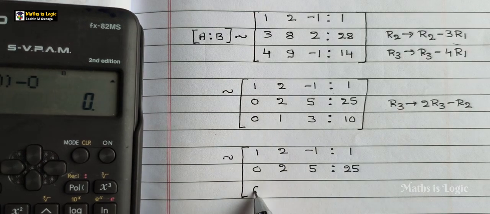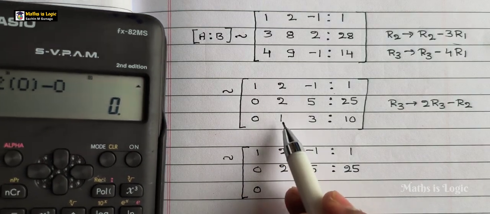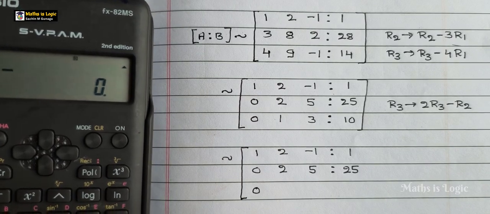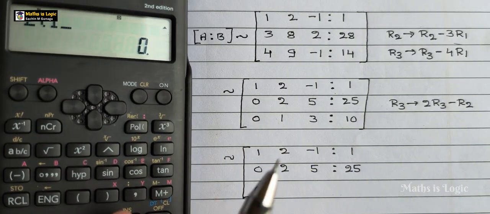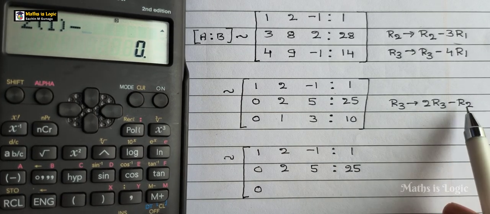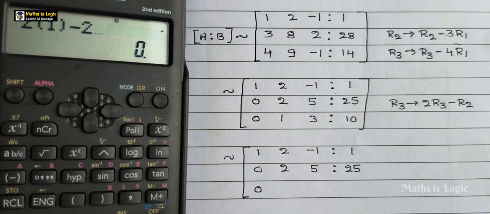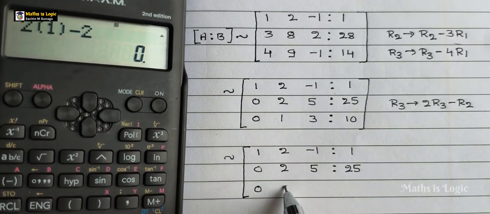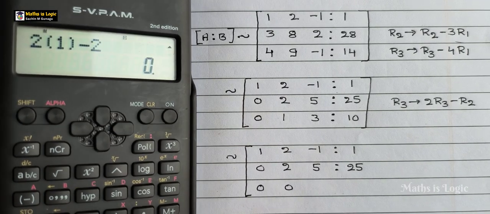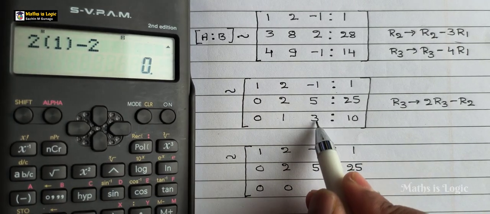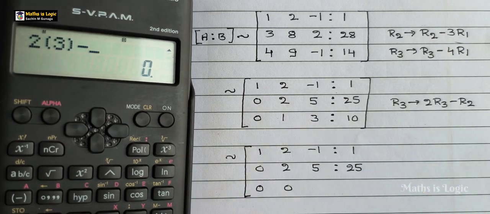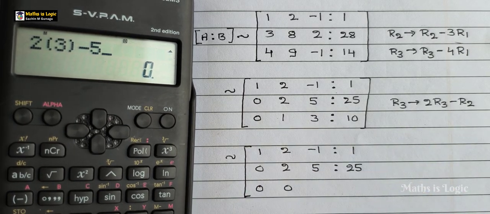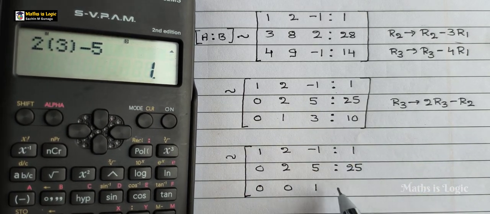Now this value is 0. Next, 2 times R3 minus R2: 1 times 2 minus 2 is 0. Next, 2 times 3 minus R2's 5 is 1.